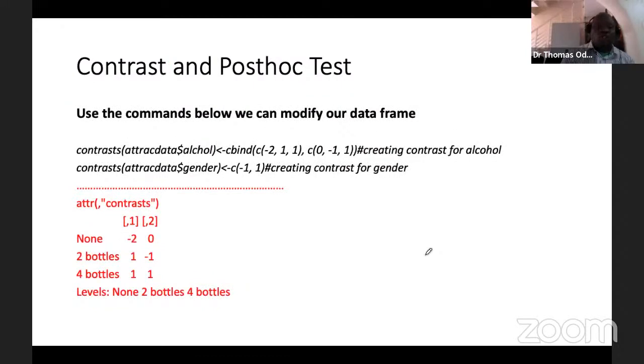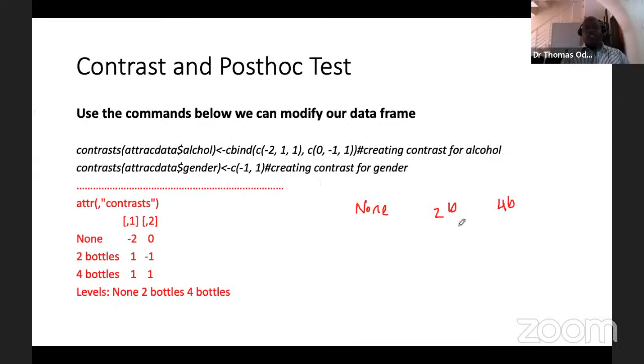First thing that you need to do is look at what you want to compare. So here, for example, for alcohol we have 3 levels. We have none, that is when somebody has not taken alcohol. We have 2 bottles, and then we have 4 bottles of beer, for example.